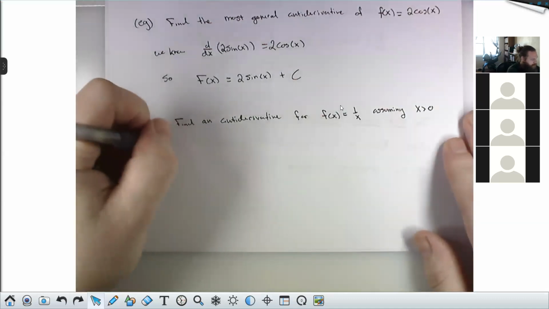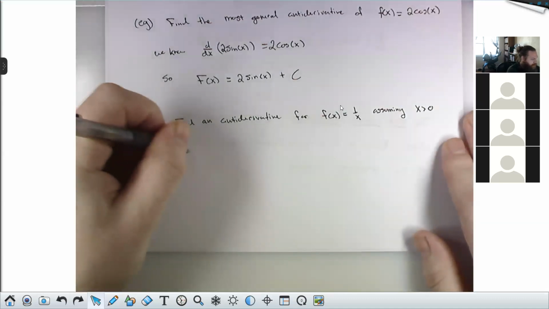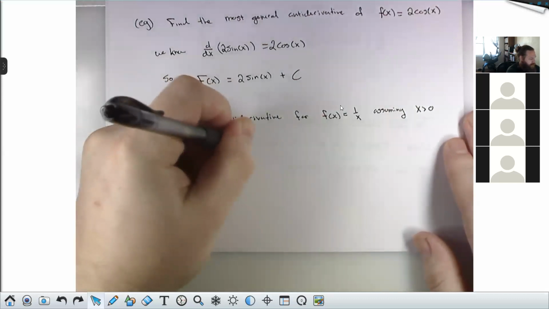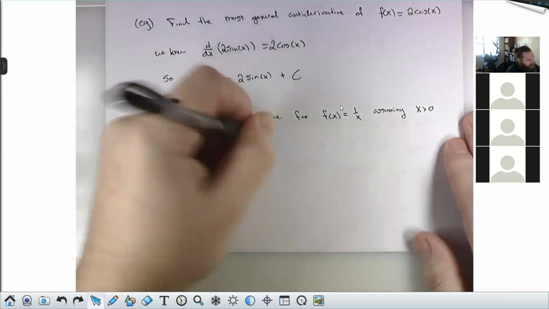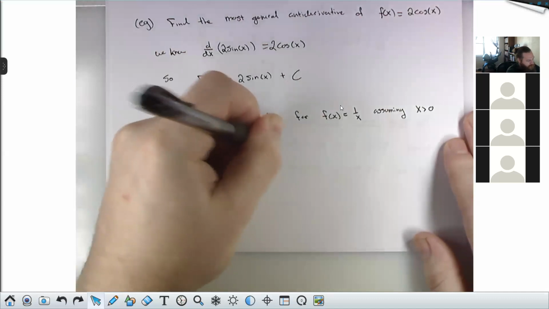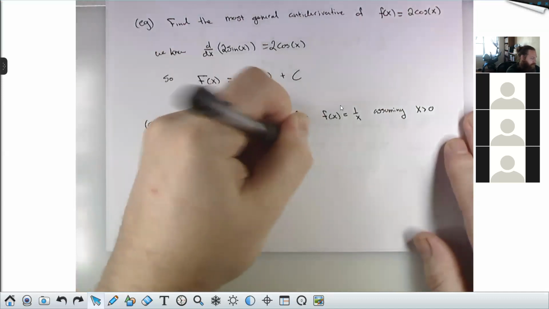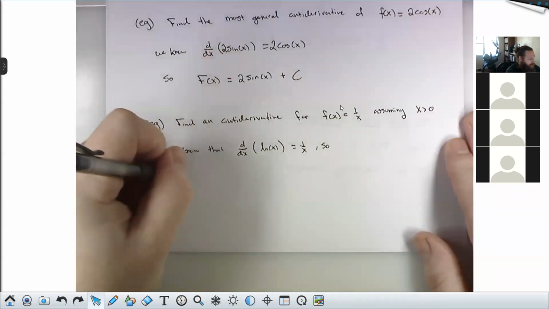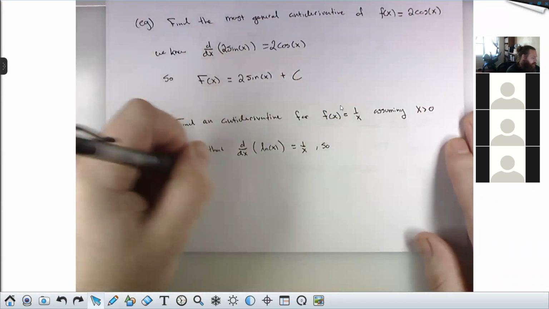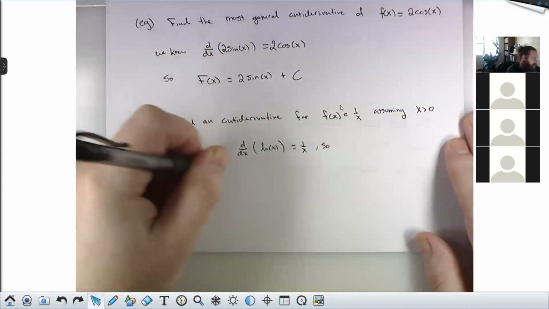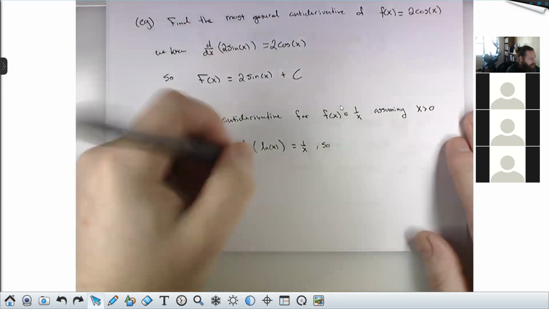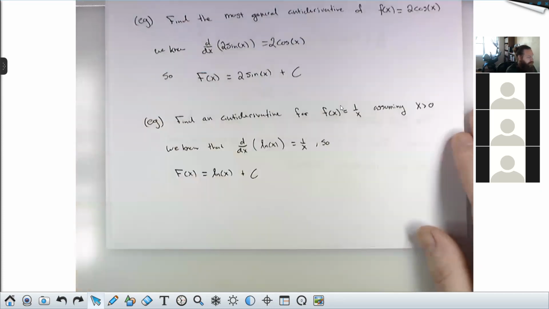So I would say we know that d/dx of the natural log of x is 1 over x. So here, capital F would be the natural log of x. And if we want the most general antiderivative, we would say plus c.